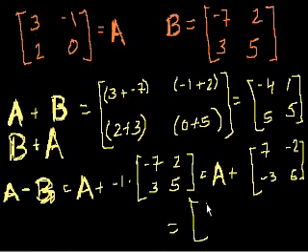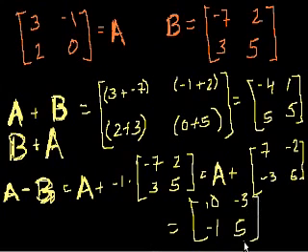So 3 plus 7 is 10. -1 plus -2 is -3. 2 plus -3 is -1. And 0 plus 5 is 5. And you didn't have to go through this exercise right here. You could have literally just subtracted these elements from these elements, and you would have gotten the same value. I did this because I wanted to show you also that multiplying a scalar, or just a number, times a matrix is just multiplying that number times all of the elements of the matrix.